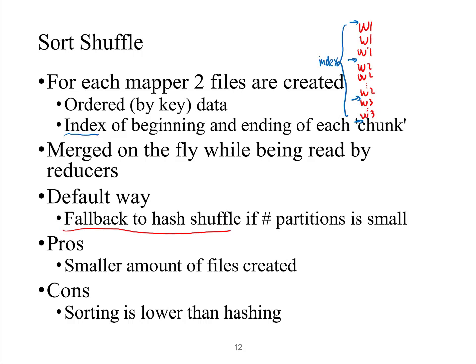But when the partitions are few, hash shuffle is better. So we need to find the sweet spot to overcome the trade-off here. And the advantage of sort shuffle is that a smaller number of files are created, right? But the disadvantage again is that sorting is slower.